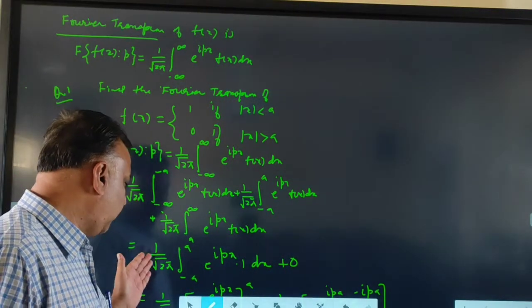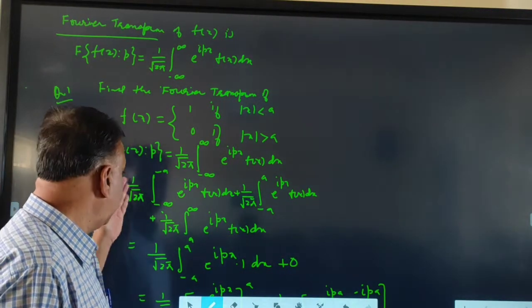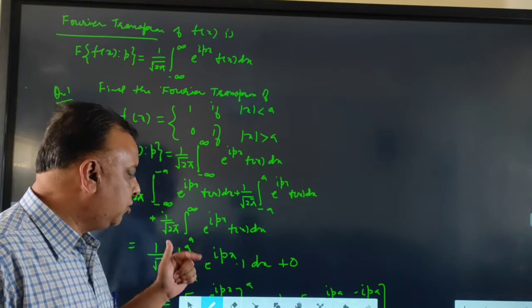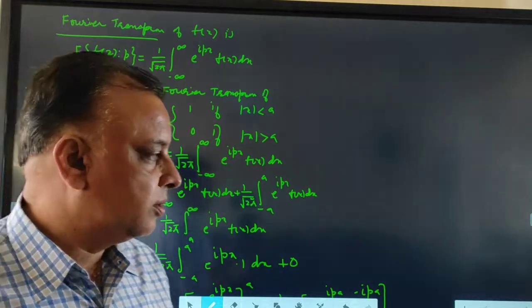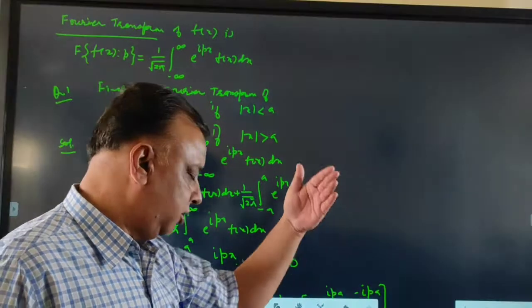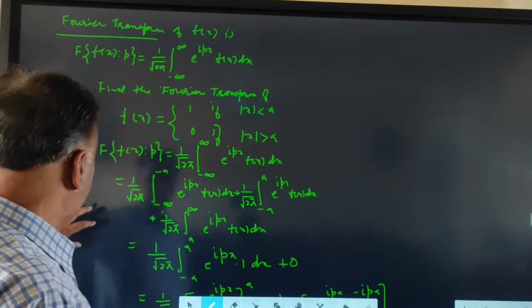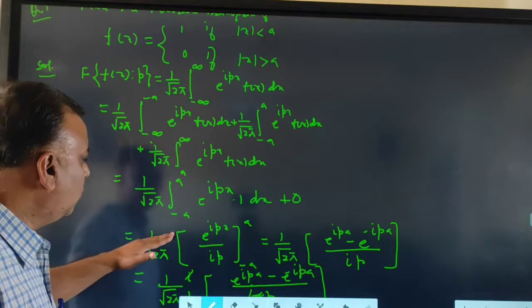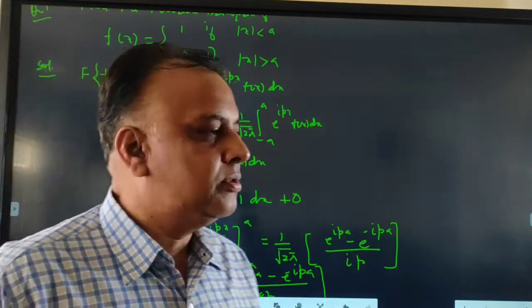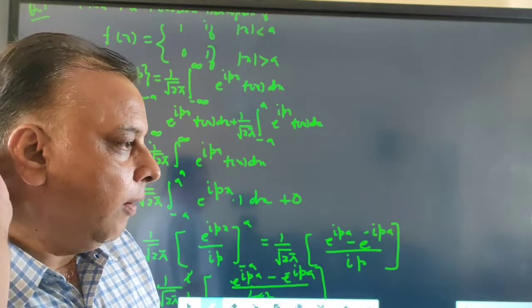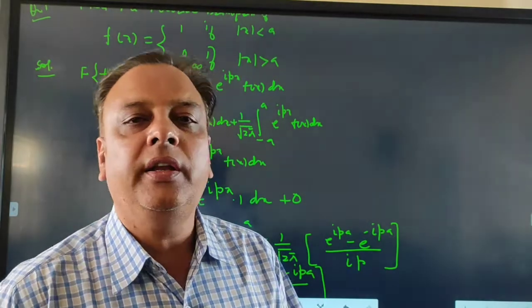So we have the value of this integral equal to 1 upon root 2 pi integral from minus a to plus a e raised to iota px into 1, because the value of the function is 1 in this interval, otherwise it is 0. So we get 1 upon root 2 pi integral from minus a to plus a e raised to iota px into 1 dx. Now our task is only to calculate the integral.